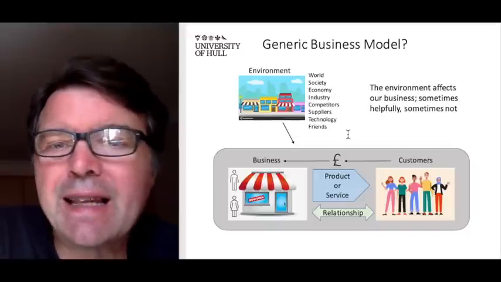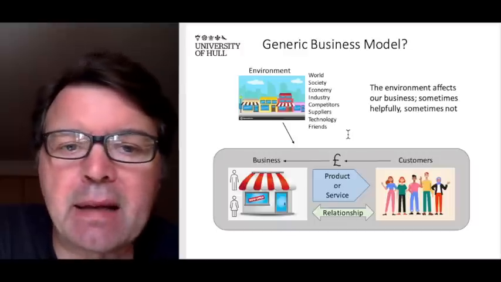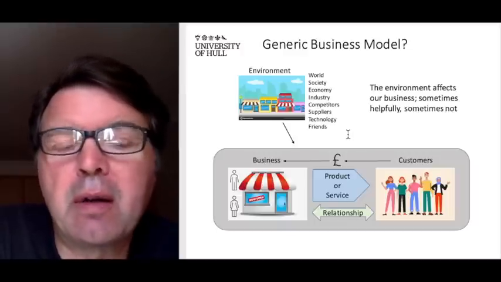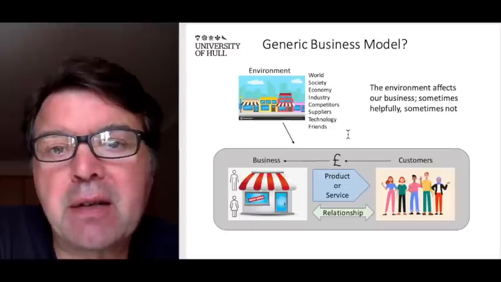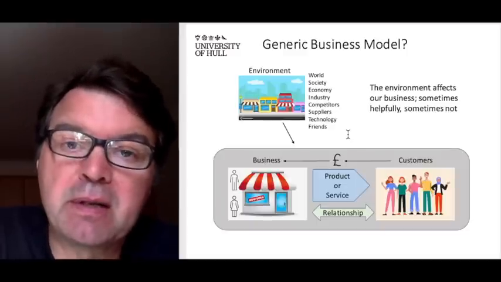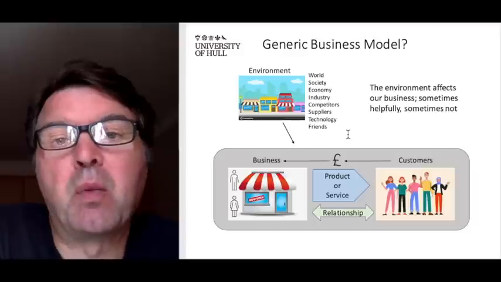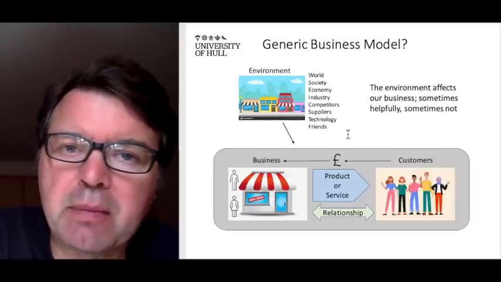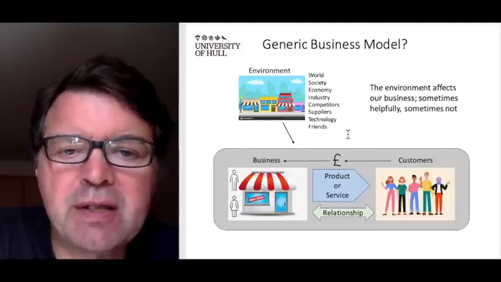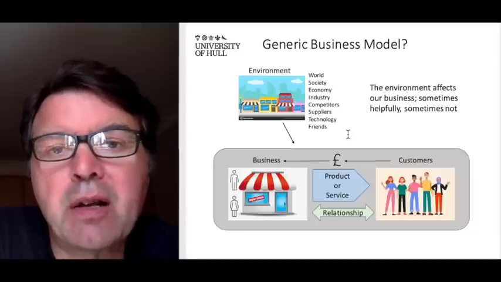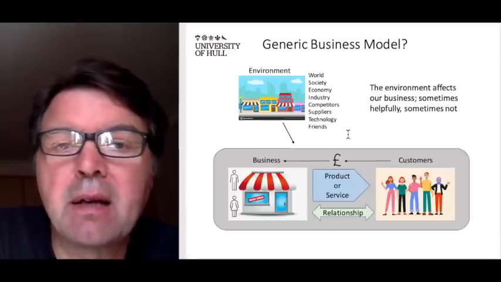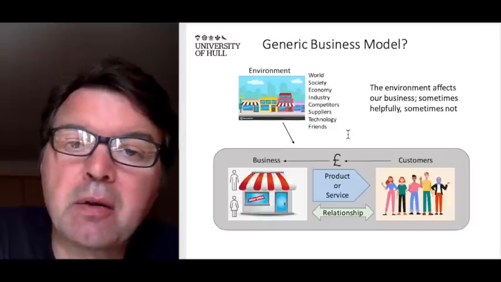Of course, in the environment there are many things. The world might be affecting your business. If your business is global, then what's happening in the world might be trickling down into your business. The society within which your business is located will also impact your business.